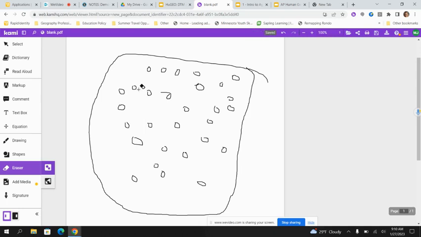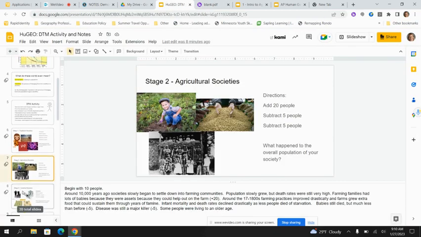And people die of other causes like infectious diseases and old age. But you'll notice that our overall community is starting to grow because there are more children born every year than there are people dying.